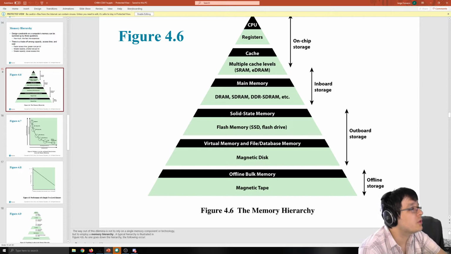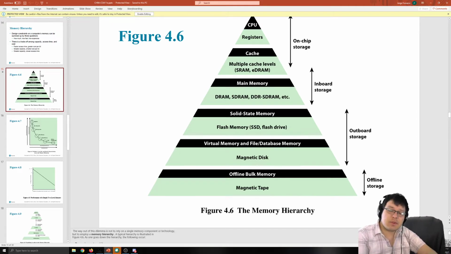So here we have a question. Is there such a thing as the optimal memory, or does it differ depending on what you want for your computer? I would say that the optimal memory would be one that is non-volatile, with super fast access time, big capacity, and very cheap. No such thing exists. But you could have a combination of two types of memory.